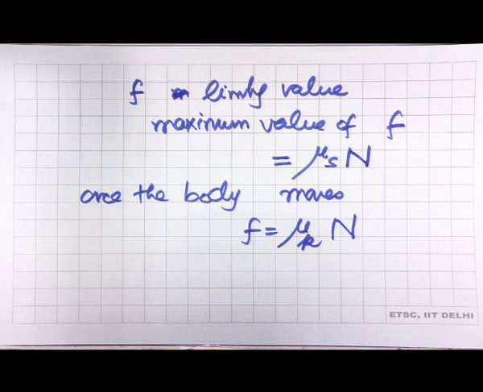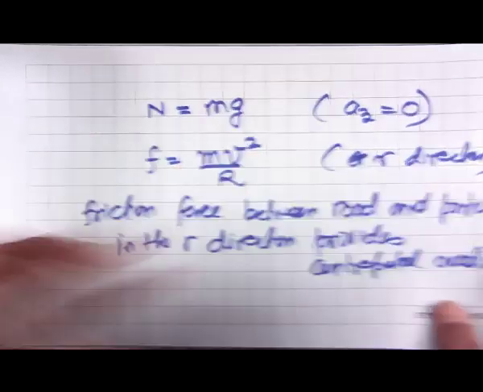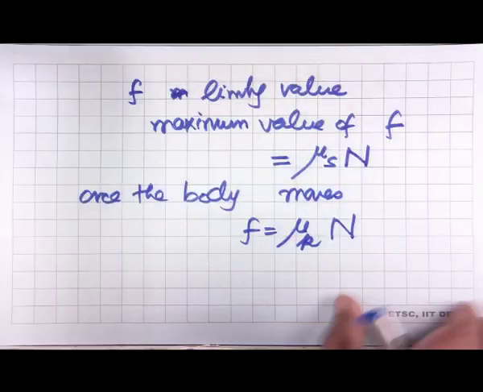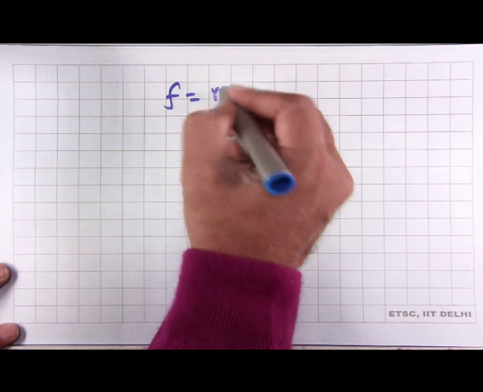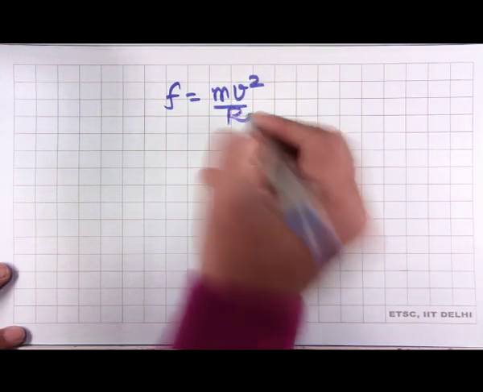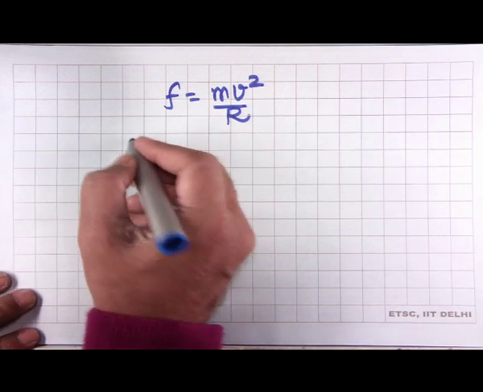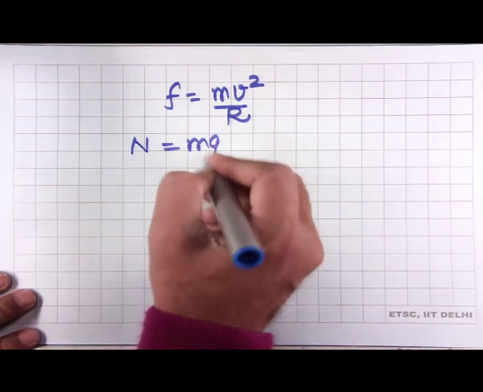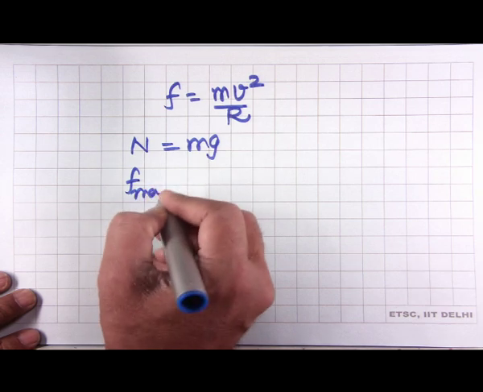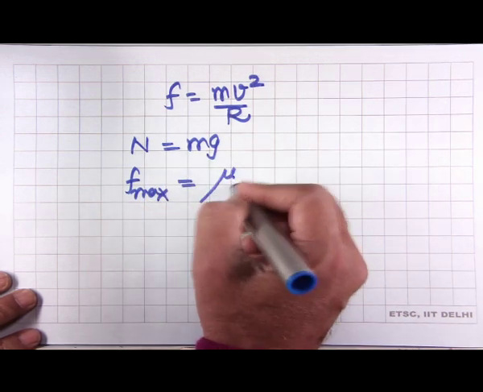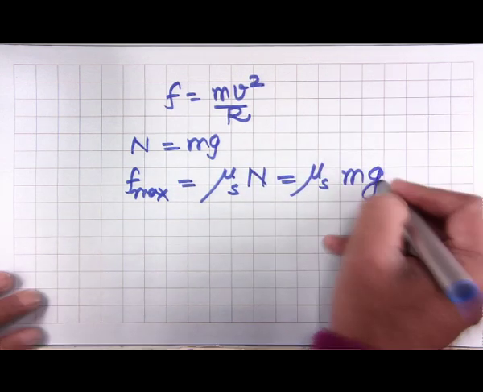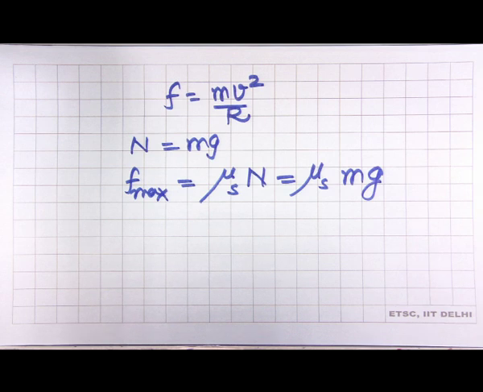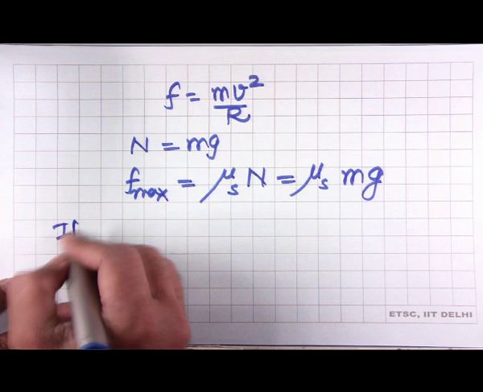So, as long as friction is equal to mv square by r, and we also know N is equal to mg, the maximum value of friction force will be equal to mu s times N, which is mu s times mg.